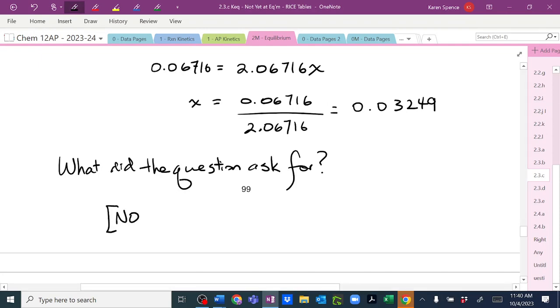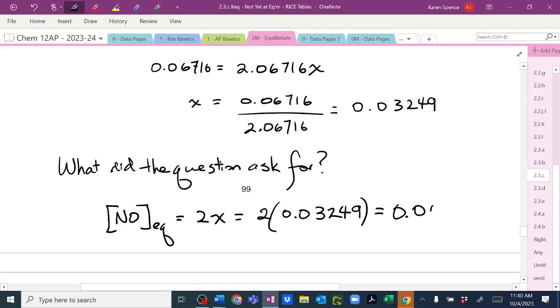So the concentration of NO at equilibrium is 2x. Let me know if I did my math wrong.